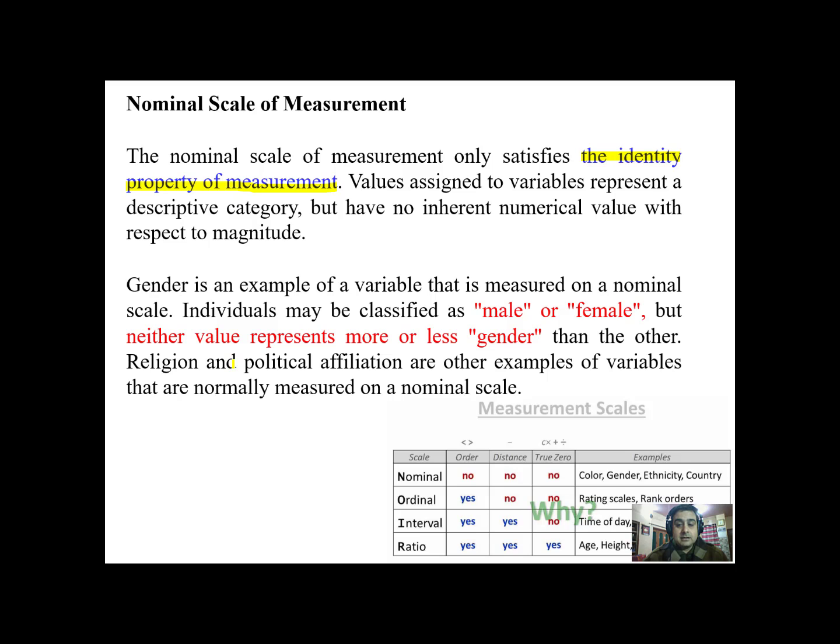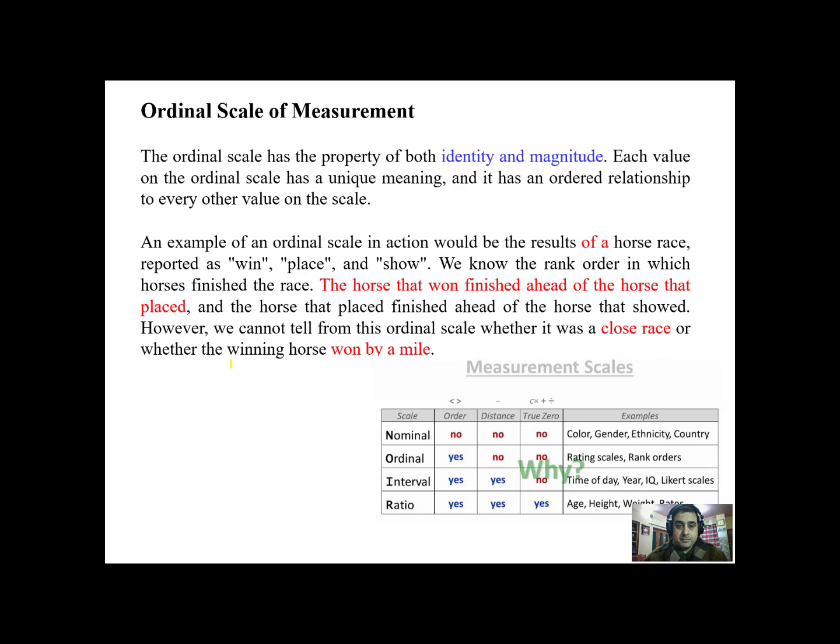There is nothing like that. Or ethnicity, or the country, or color. We can say the proper color of that person, and we can't have anything other than that. So this is the nominal scale of measurement. It has only one property of measurement, that is identity.